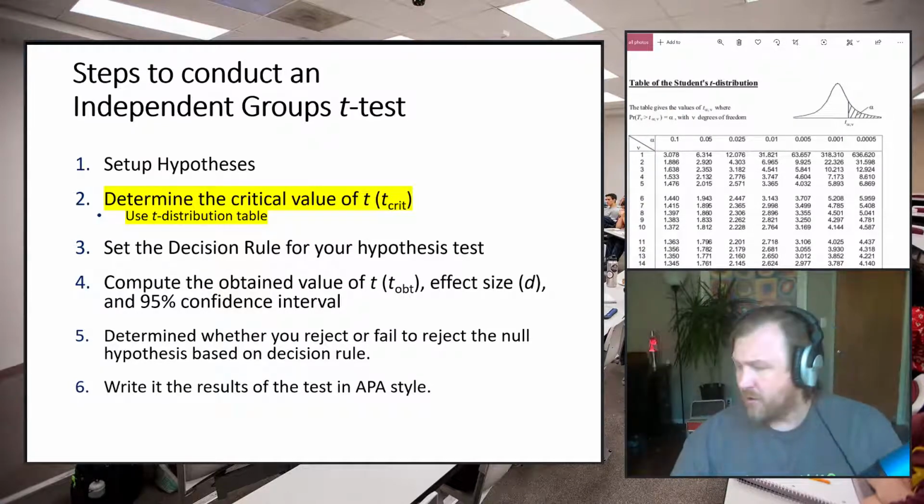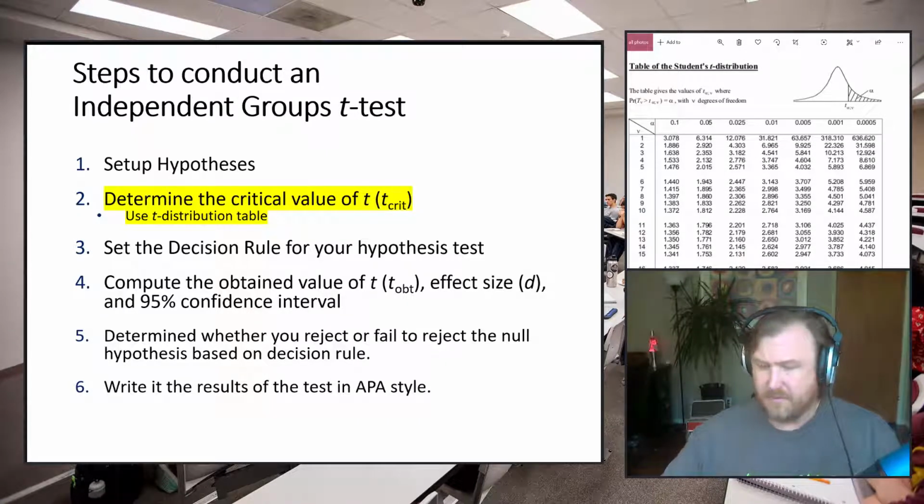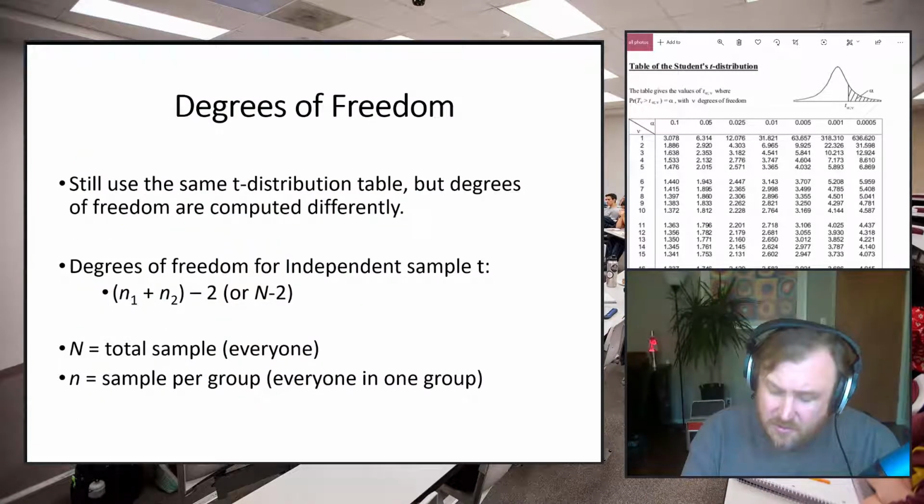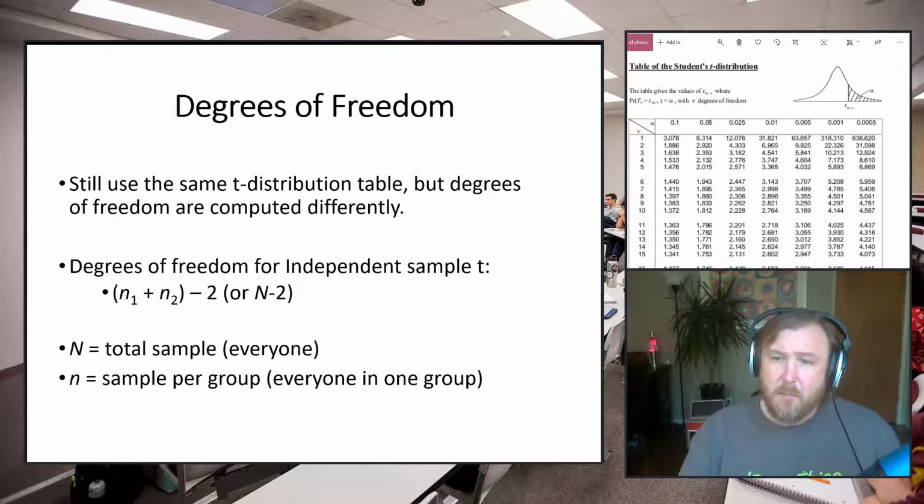Let's see, how do we figure out for an independent groups t-test what that critical value is? Well, we're going to use this same t-table, but our degrees of freedom calculation is computed differently.